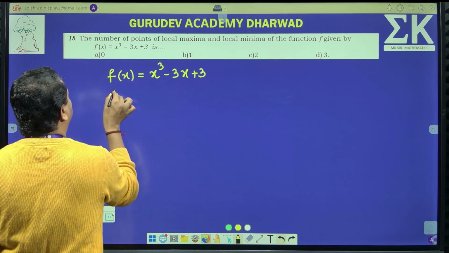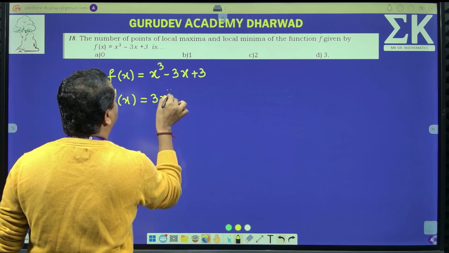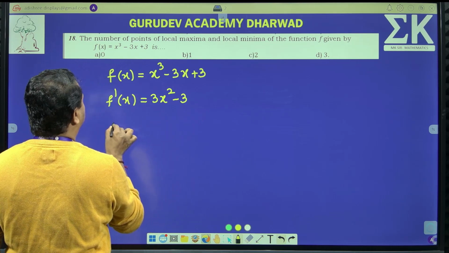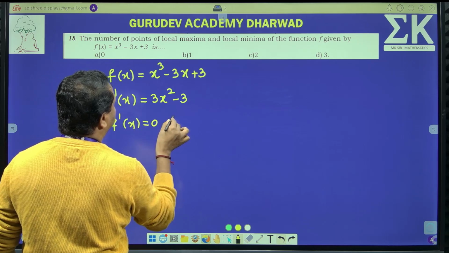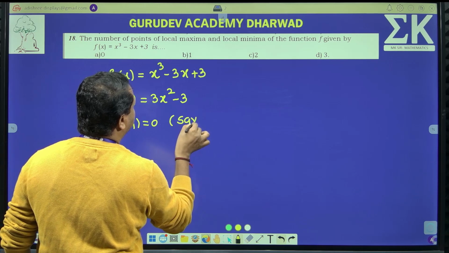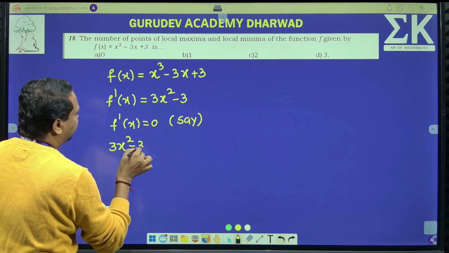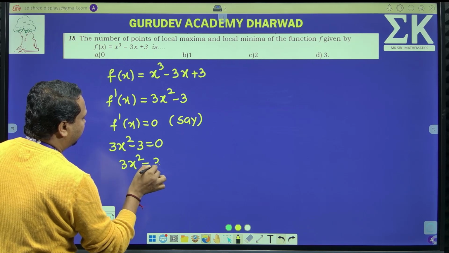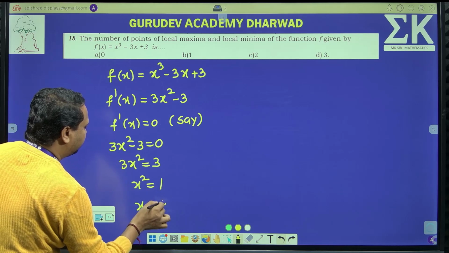Then f dash of x is equal to 3x square minus 3, right? Assume that f dash of x equal to 0. Therefore, 3x square minus 3 is equal to 0. Therefore, 3x square is equal to 3. Therefore, x square is equal to 1. Therefore, x is equal to plus or minus 1.